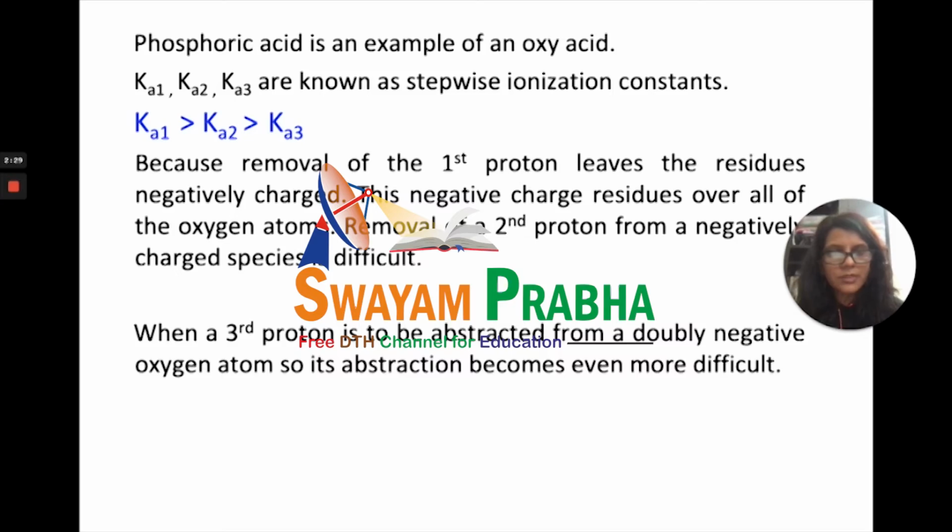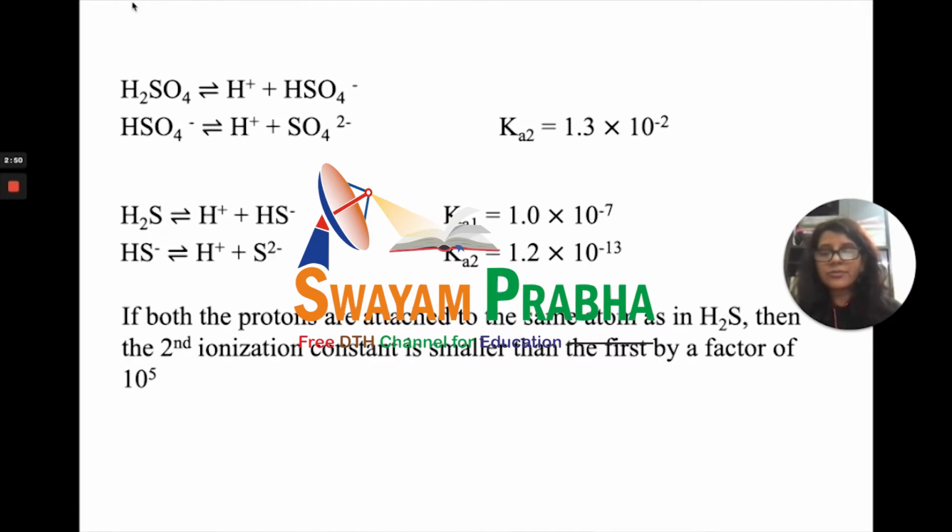So the first dissociation constant is high, but the second one becomes difficult to ionize, so the Ka2 value decreases, and the third becomes even more difficult, and so the Ka3 value also decreases. So you must realize that there is a lot of difference between Ka1, Ka2 and Ka3.